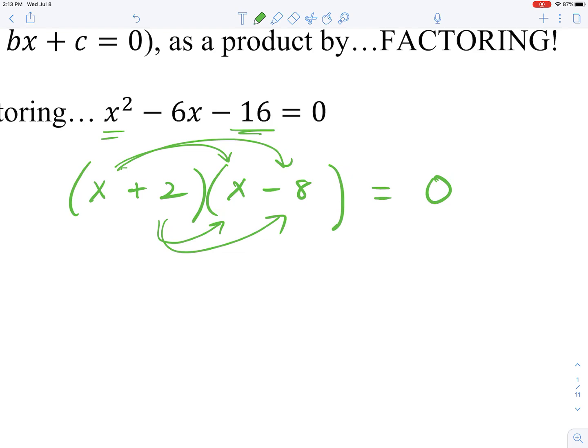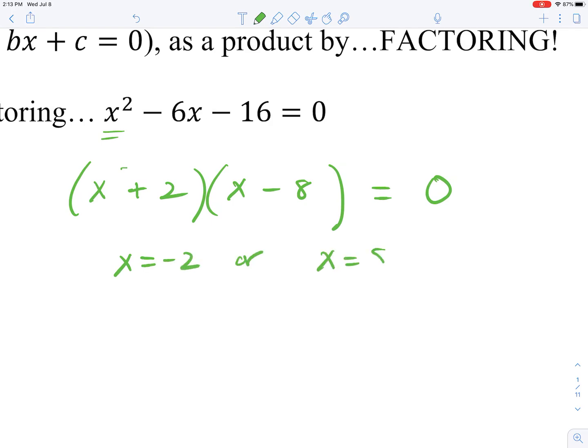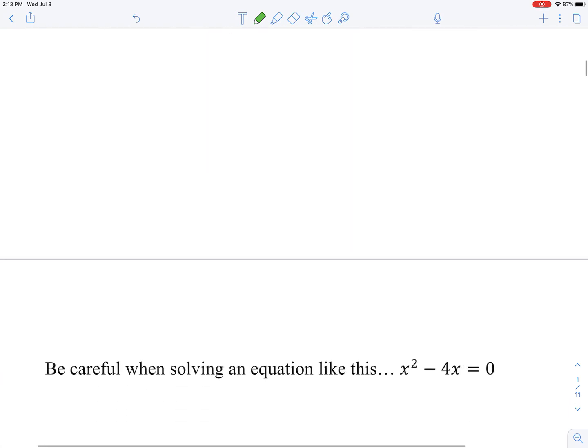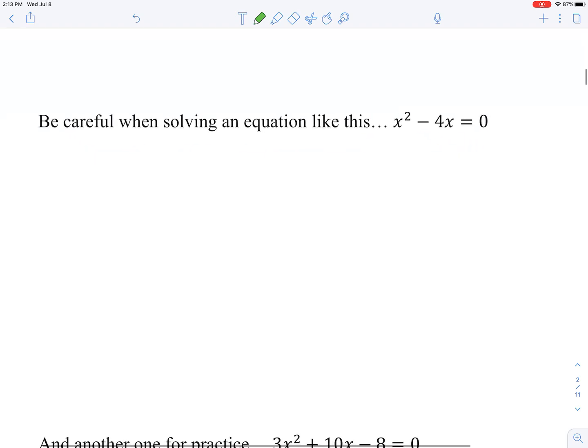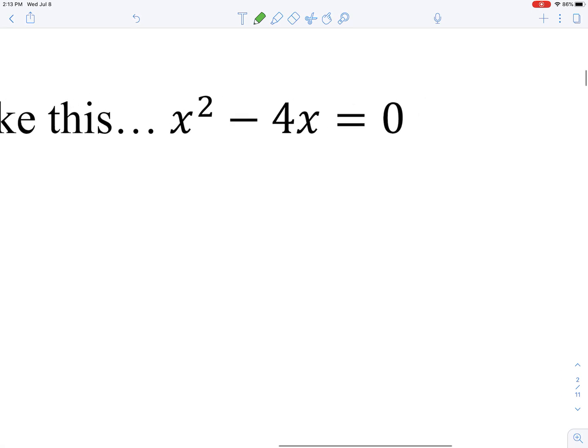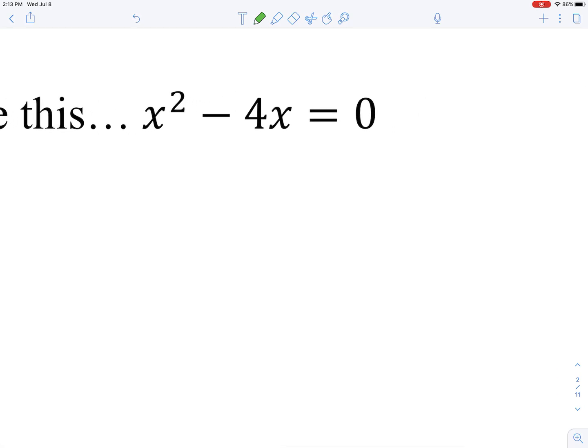If I multiply that out, x times x is x squared, then minus 8x plus 2x minus 16, and the negative 8x plus 2x gives me that negative 6x. So that is factored correctly. And now by inspection, I can see that x can be equal to negative 2 or x could be equal to positive 8. So negative 2 and 8 are the solutions to this quadratic equation.